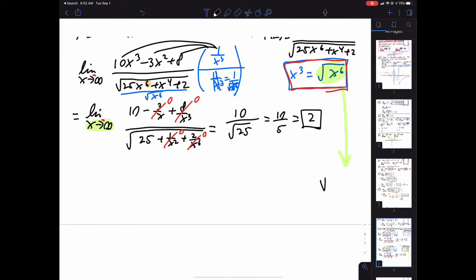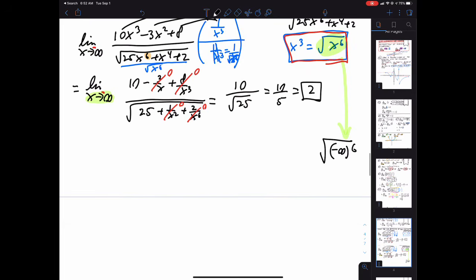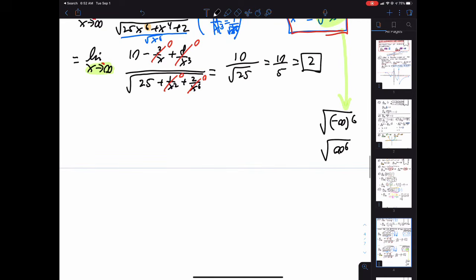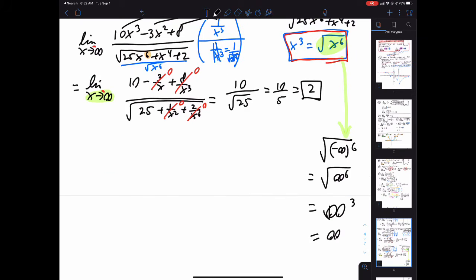If I do negative infinity to the sixth, excuse me, that's going to be infinity to the sixth. That's going to be in square root of infinity to the sixth, infinity to the third. It's going to be infinity. So even though I plugged in a negative infinity, that gets me infinity.